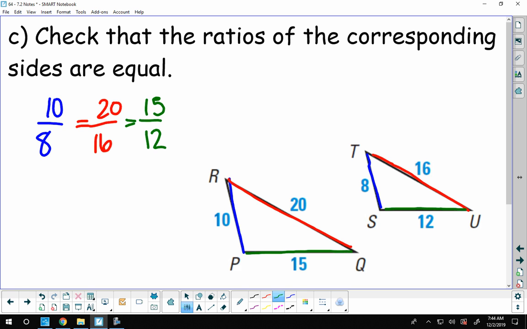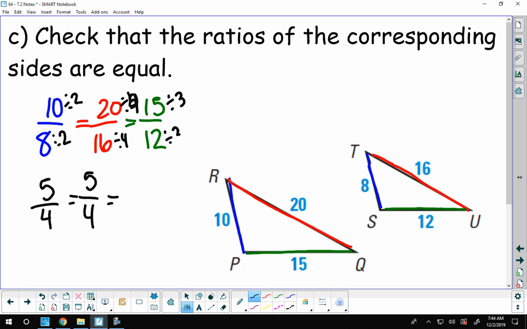So let's reduce these. We can take a 2 out of top and bottom here. So 5/4. We can take a 4 out of top and bottom here. So 5/4. And we can take a 3 out of top and bottom here. So 5/4. So yes, the ratios of the corresponding sides are equal because 5/4 equals 5/4, which equals 5/4.